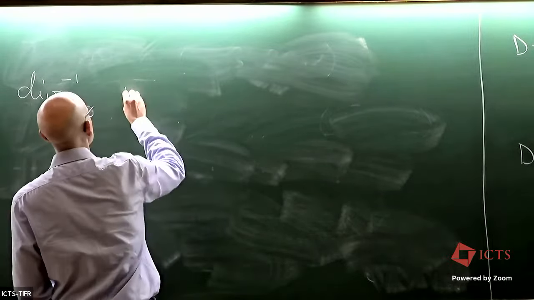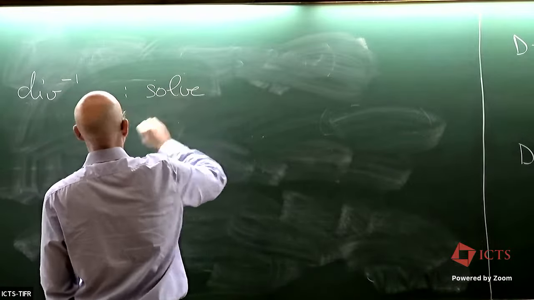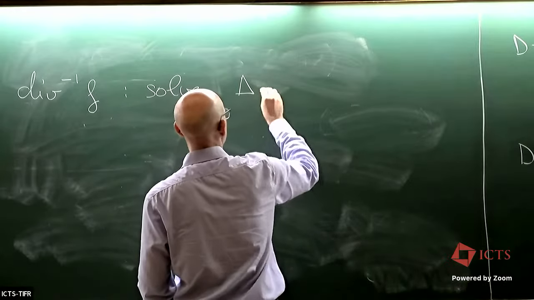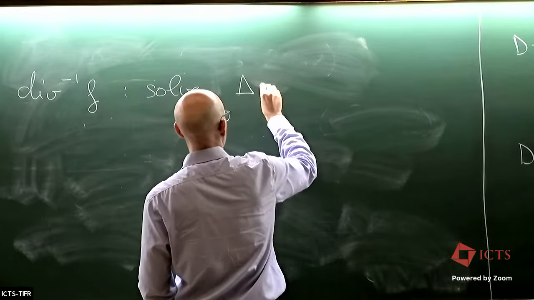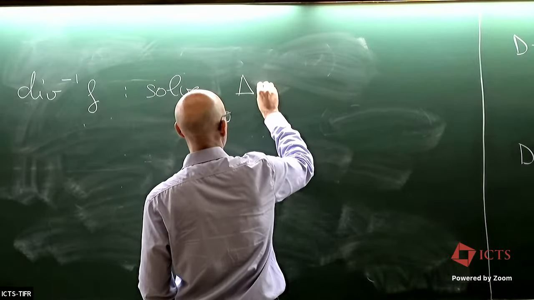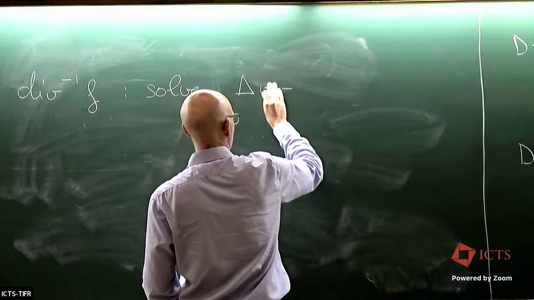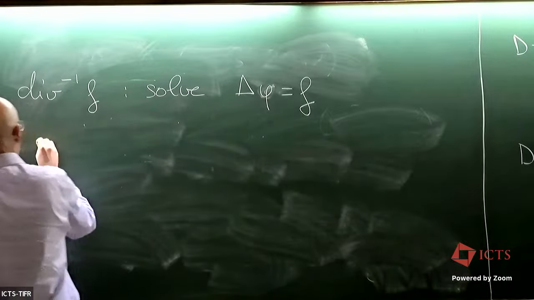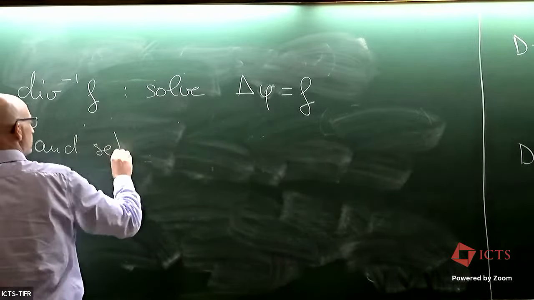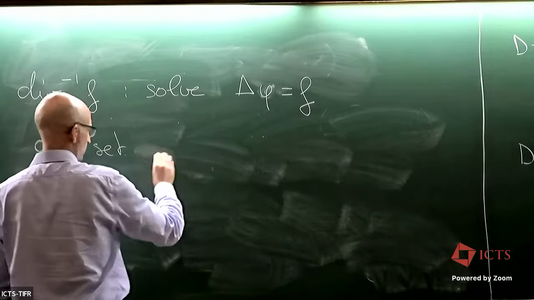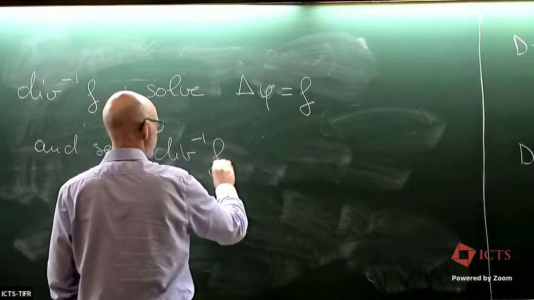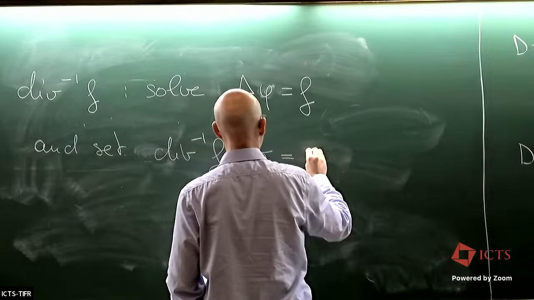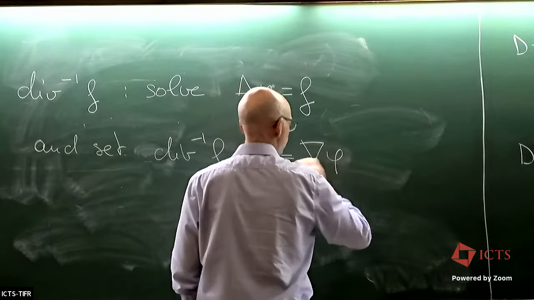So of a function f, solve Laplacian of phi equal f, and set v, so the divergence to the minus 1 of f, to be equal to v, to be equal to gradient of phi, okay?